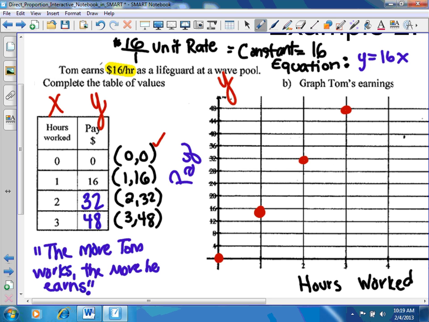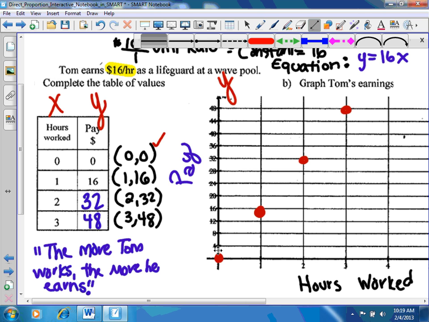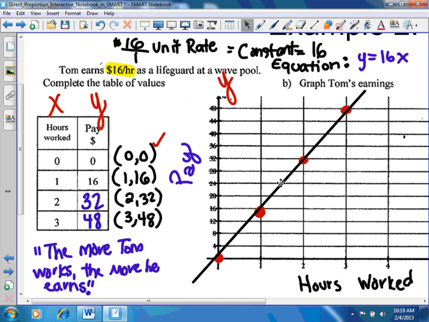Okay, take your ruler, line up all 4 dots, draw a line and put 2 arrows on the end. You just graphed your first direct proportion.